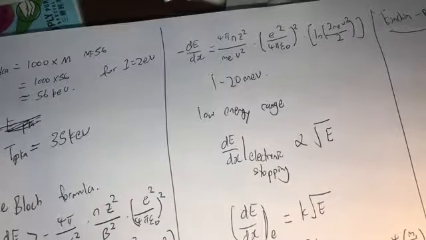And we note that the PKA can transfer its energy to other atoms via electronic stopping, or it can collide into another atom, thus causing another displacement.